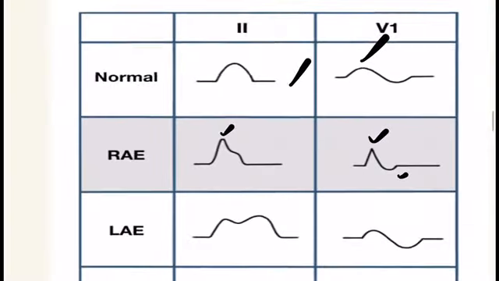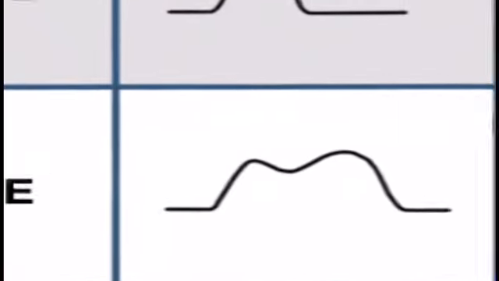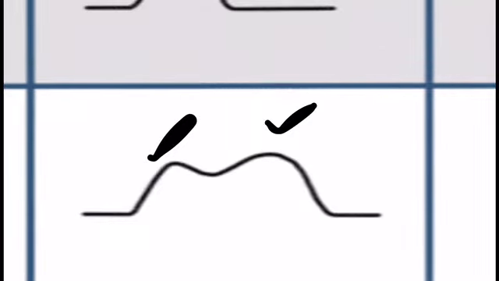Now if I talk about left atrial enlargement in the second lead, as you can see, this first part is normal, but the second part of this P wave is showing an enlarged left atrium, because of which there is more depolarization vector of the left atrium and more influence.